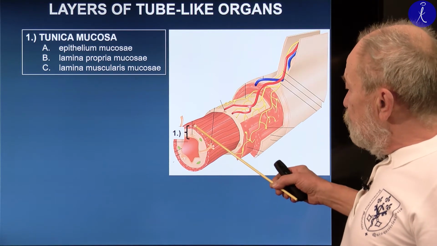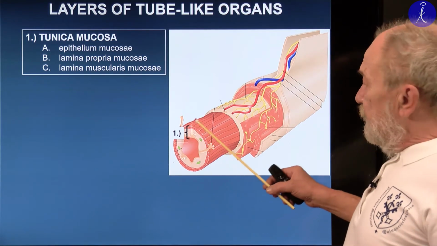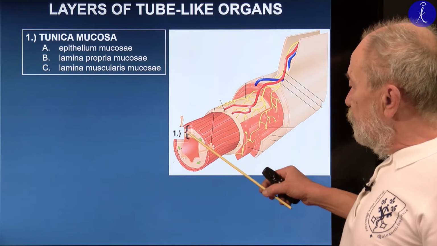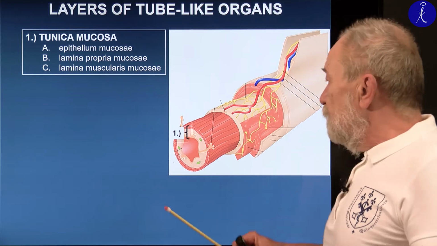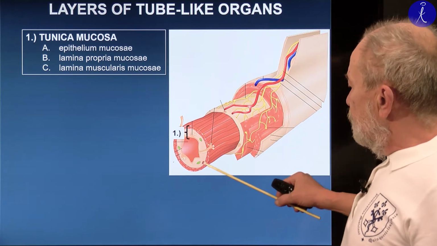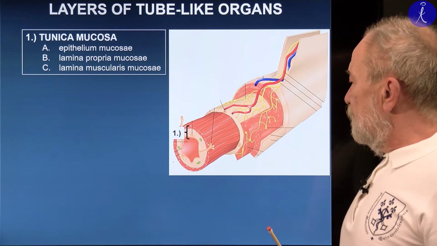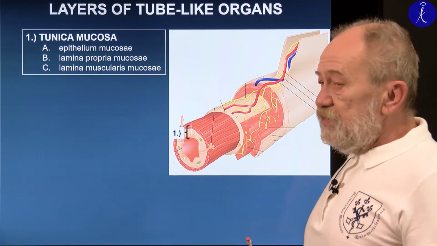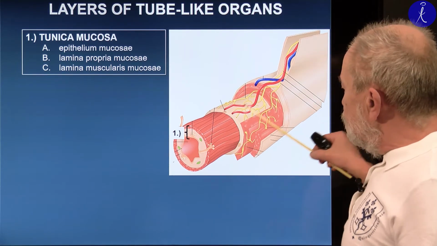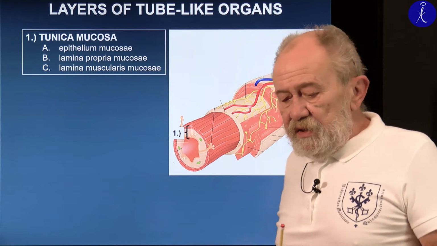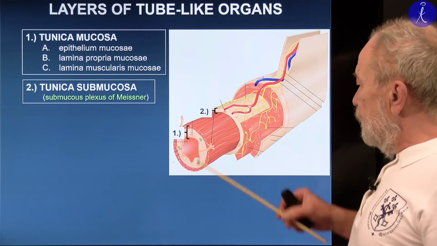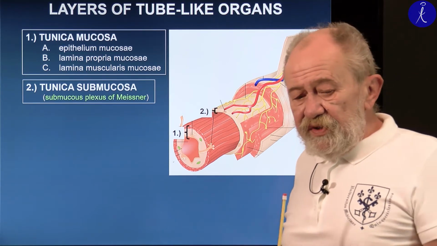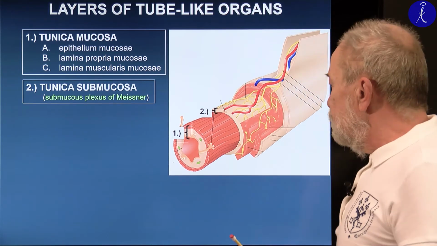So the tunica mucosa is the innermost layer, starting with the epithelium mucosae, sitting on top of loose connective tissue, the lamina propria mucosae, and most of the organs have a third layer of tunica mucosa, a longitudinal smooth muscle layer. This one is the lamina muscularis mucosae.